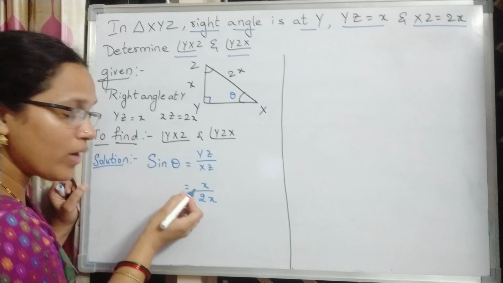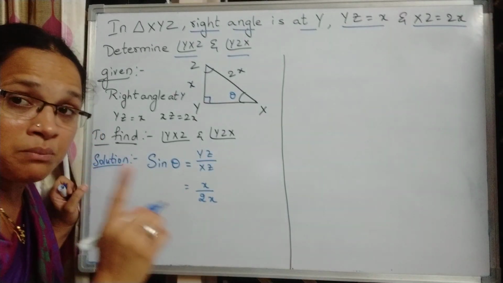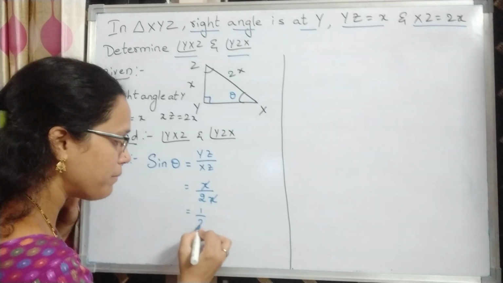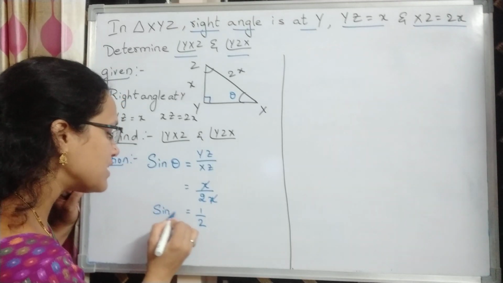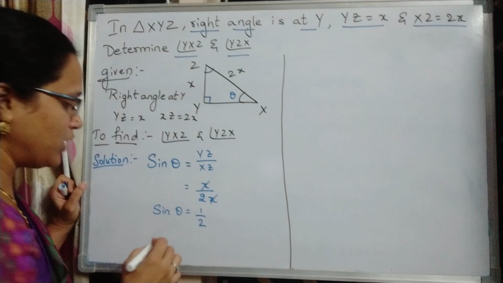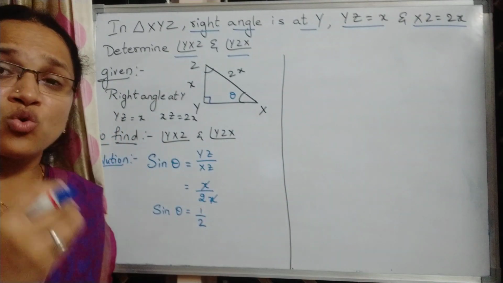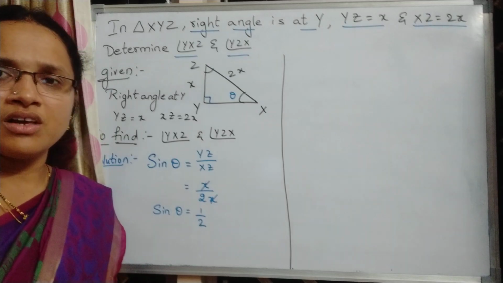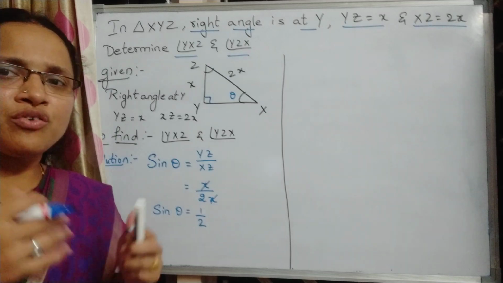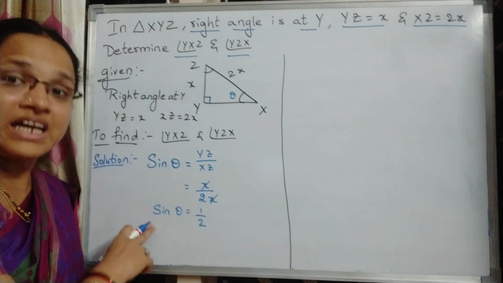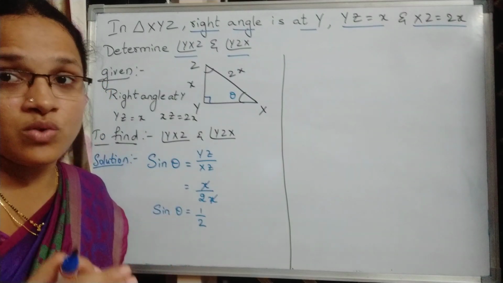As they are variables under multiplication, we can cancel them and write it as 1 by 2. Sine theta is 1 by 2, which is a known value from the trigonometric table. You have to recollect in the table which angle gives 1 by 2 for sine.